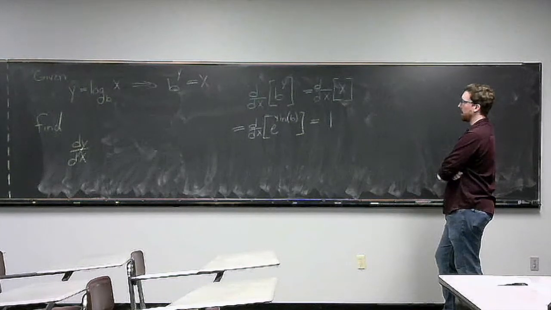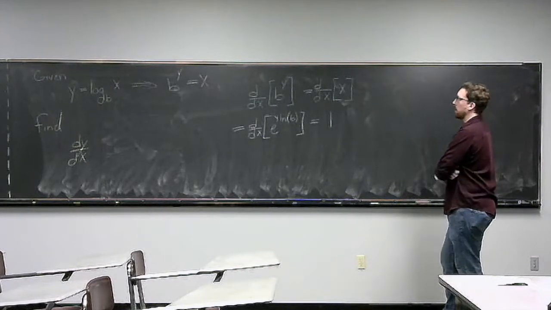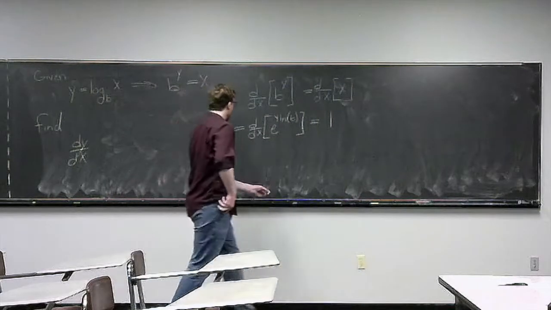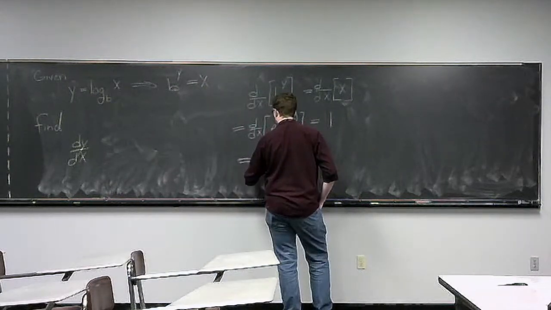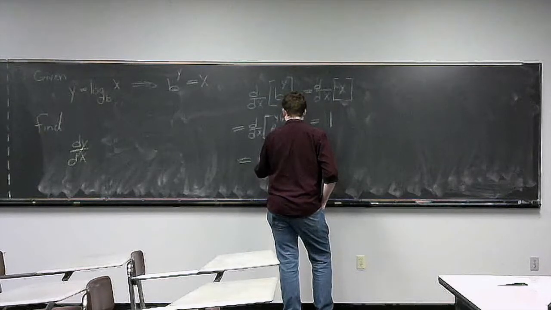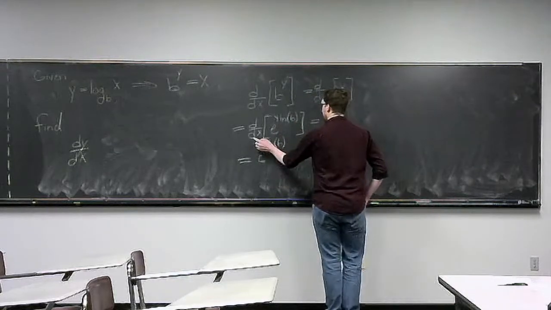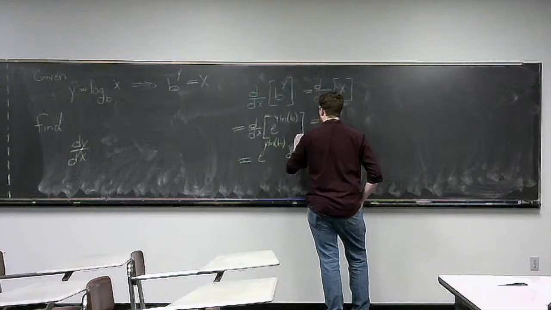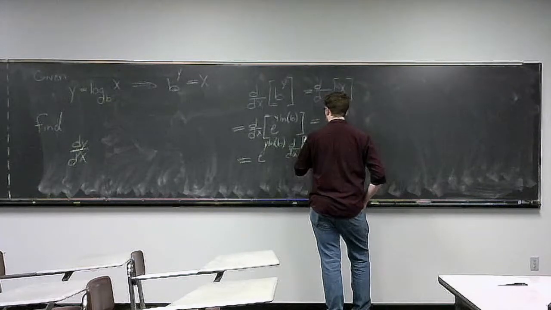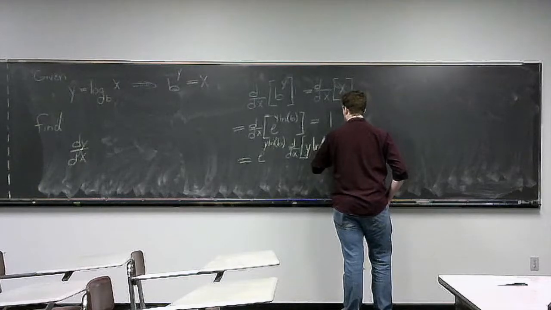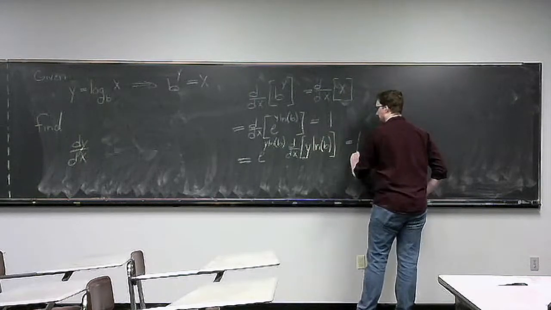Okay. So if it's going to need implicit differentiation, this means that what we're going to get out of it is going to be e to the y ln of b times d dx of y times the ln of b. And again, all that's equal to 1.